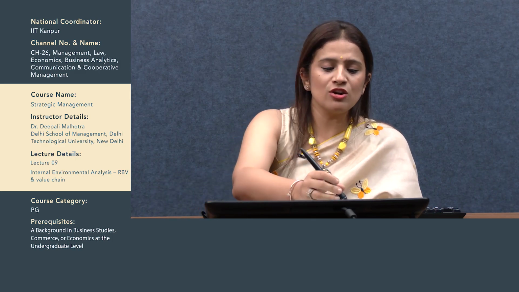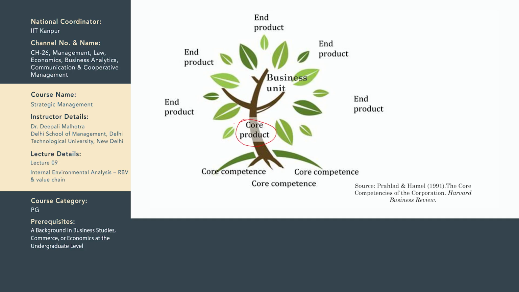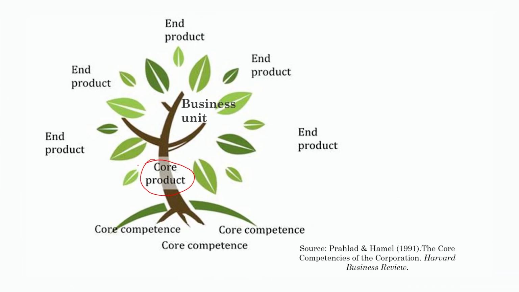The major trunk represents the core product of a company, the branches represent the business units, and the leaves, flowers and fruits represent the end products of the company. The root system, which provides nourishment to the tree, represents the core competency.